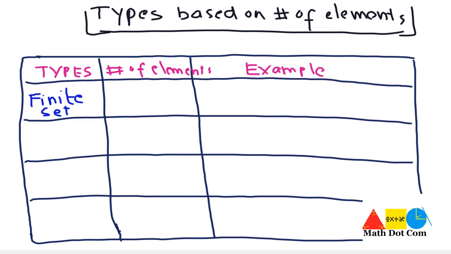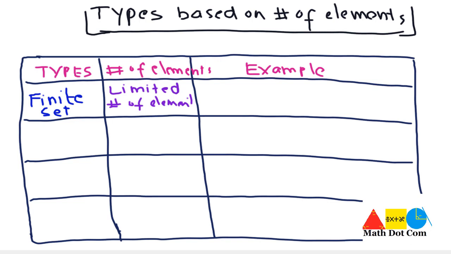First we see how many elements are in a finite set. In a finite set we have a limited number of elements. Limited means it has some limit, it is not infinite or unknown where it will go on.